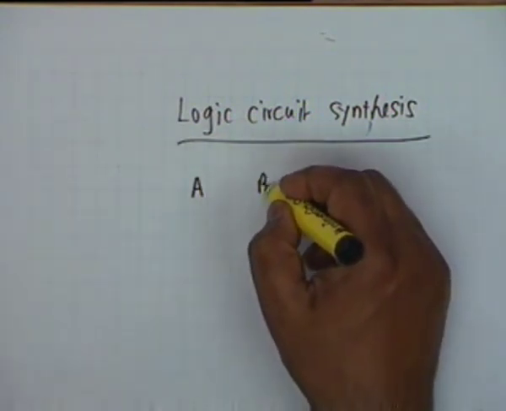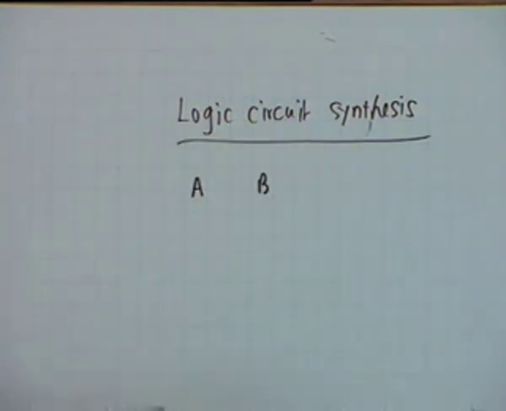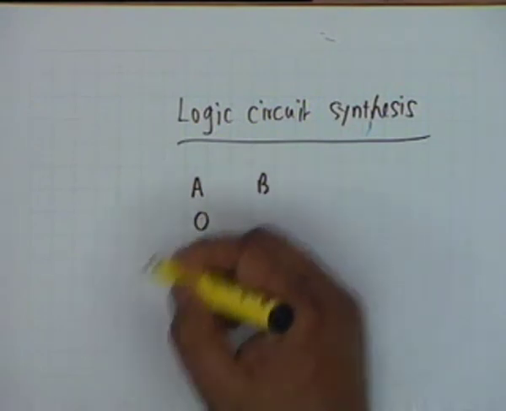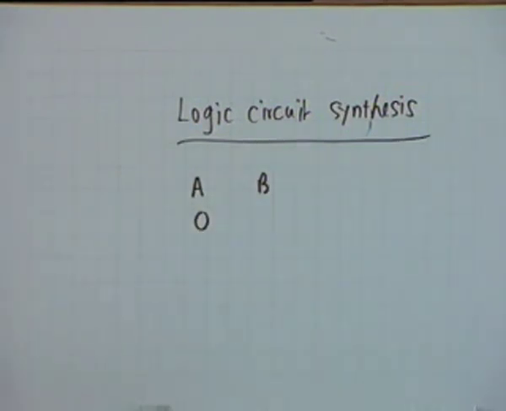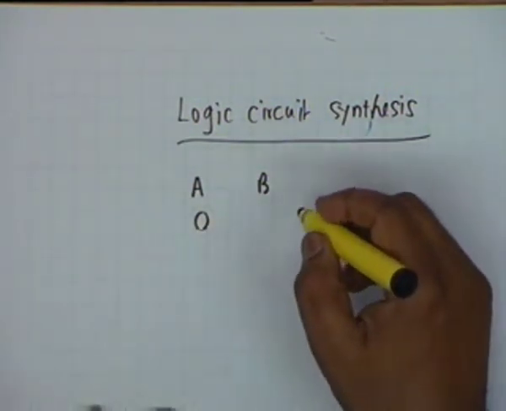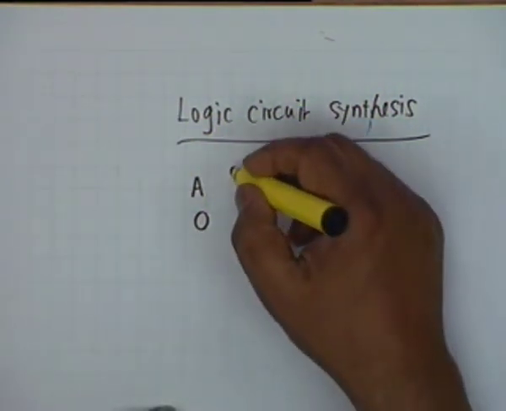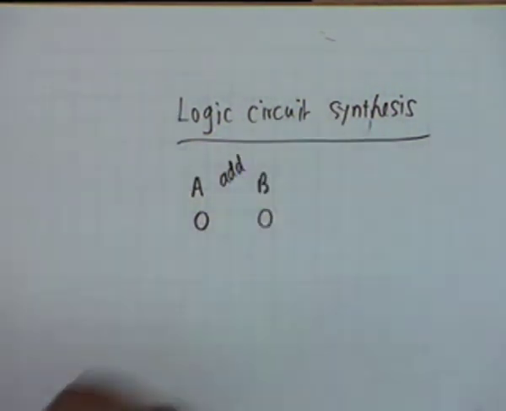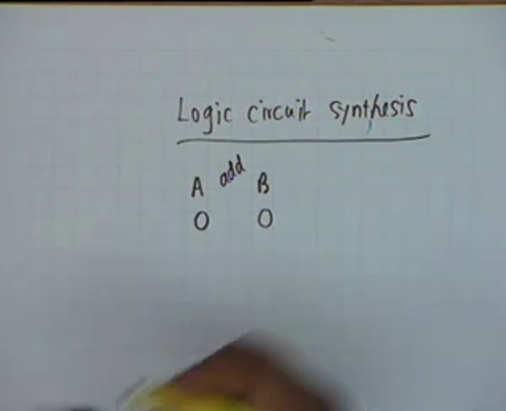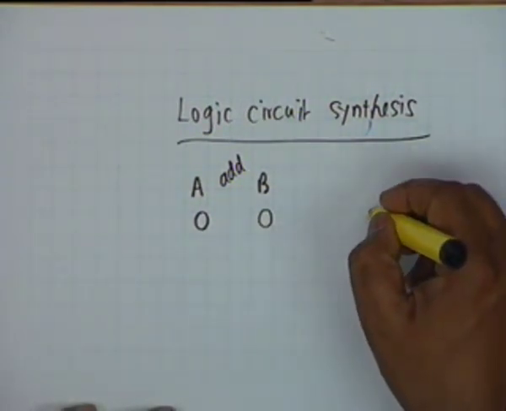two bits, let's say A and B, well, we know it is addition. We know if we add 0 and 0, it's not an OR operation, okay? When we add A to B, 0 and 0, the result is 0.